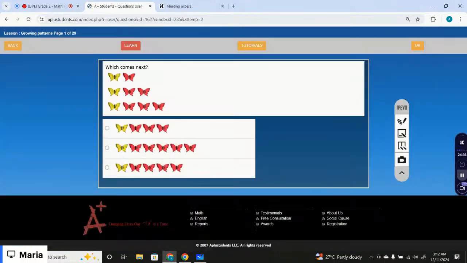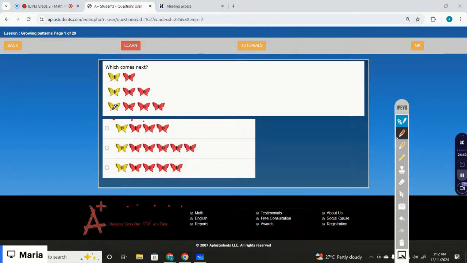Which comes next? You have one yellow butterfly and one pink. So for all the patterns, you have only one yellow butterfly. The pink butterflies are growing: one, two, three. So the next one would be, which is the correct option?